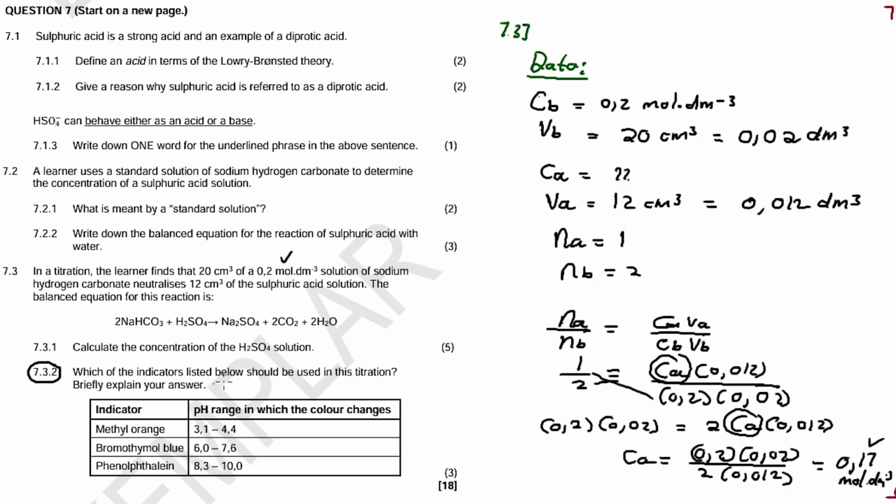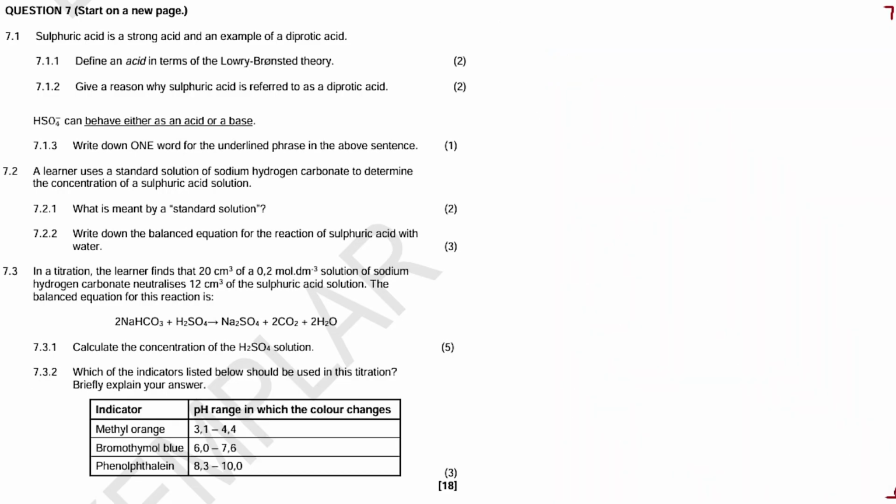Which of the indicators listed below should be used in the titration? Briefly explain your answer. Alright. This sulfuric acid, it's a strong acid. Sodium hydrogen carbonate, it is a base, but the question is, is it a strong or a weak base? I'm not so sure.